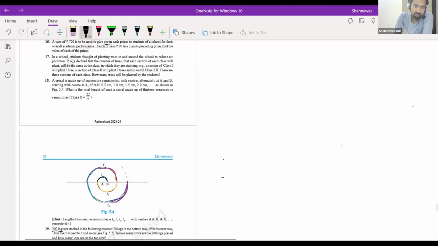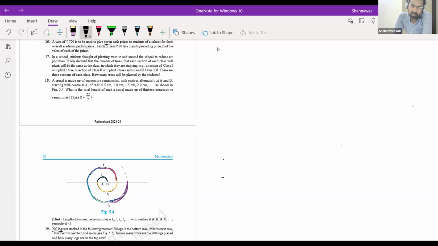So in a school, students thought of planting trees around the school to reduce air pollution. It was decided that the number of trees that each section of each class will plant will be the same as the class in which they are studying. A section of class 1 will plant 1 tree, right?